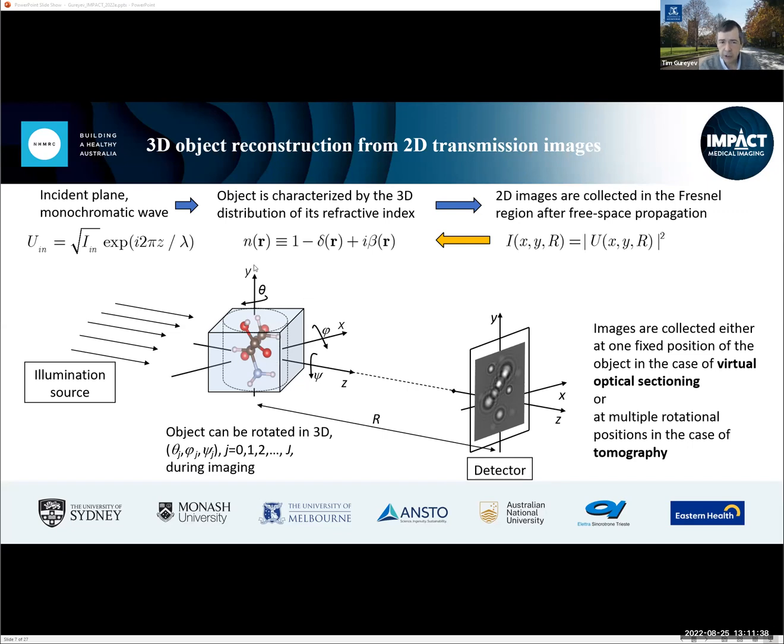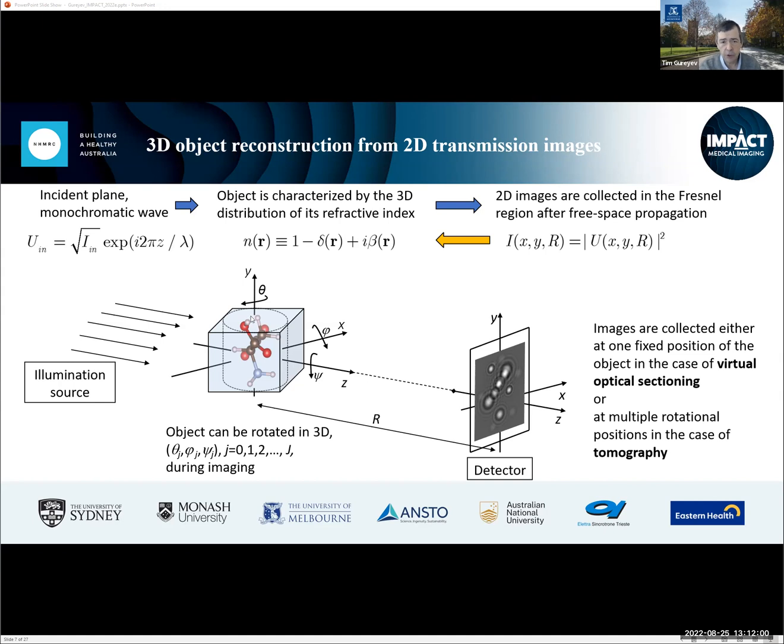In the case of X-ray imaging, that property is the refractive index. So we can reconstruct the three-dimensional distribution of the refractive index inside the object on the basis of multiple propagated images that we collect at some distance from the object using a position-sensitive detector.